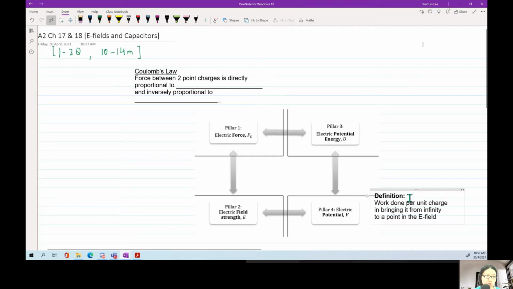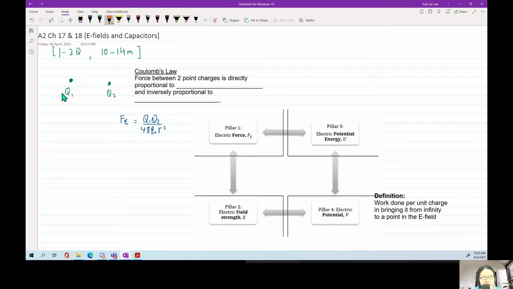So it starts off with Coulomb's law. Coulomb's law is a lot like Newton's law of gravitation. Your electric force is equal to Q1 Q2 over 4 pi epsilon naught r squared. What we are talking about is two charges, let's say this charge is Q1 and this charge is Q2.